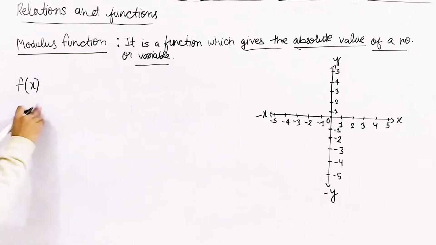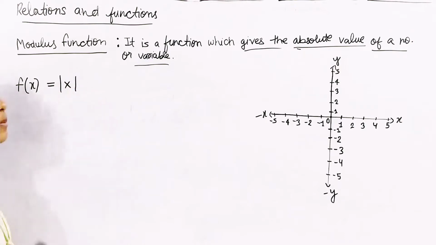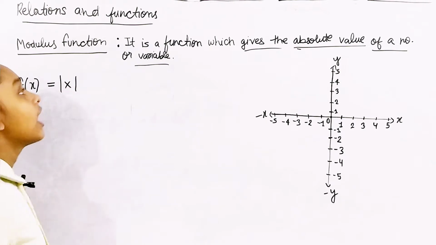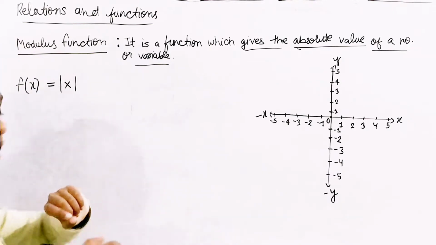As we all know, f of x is equal to y. So y is equal to f of x, which I can also write as fx. Cool? All right. So fx is equal to the mod of x. The mod of x. Now I think you'll understand it.